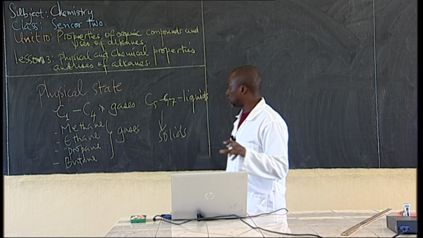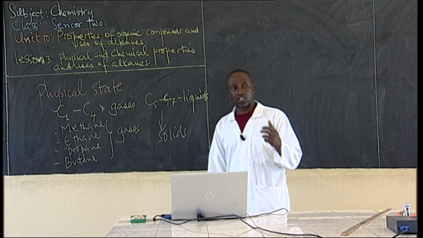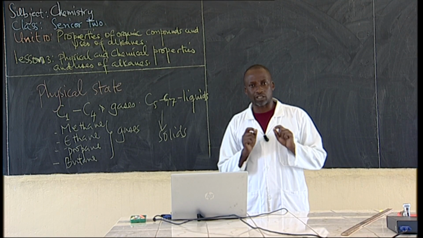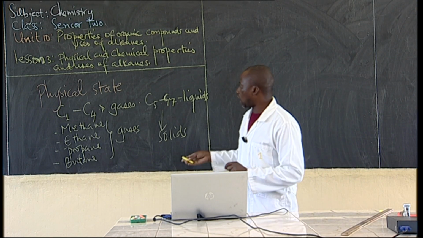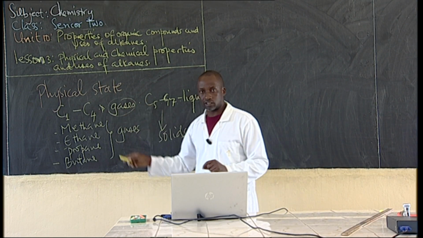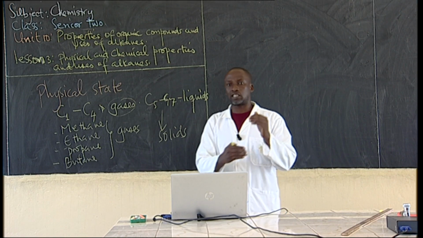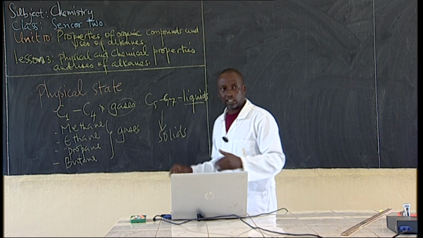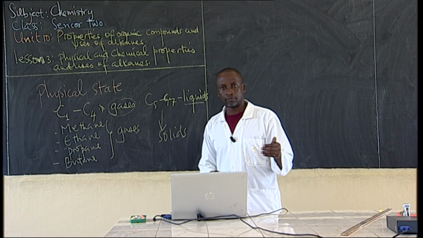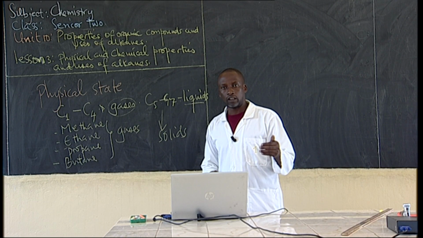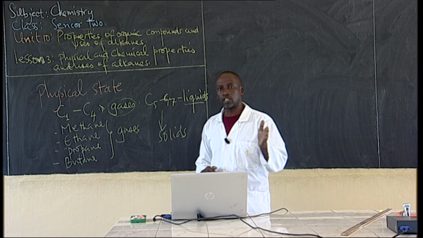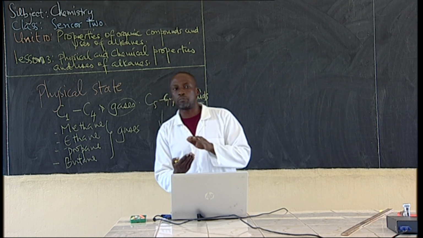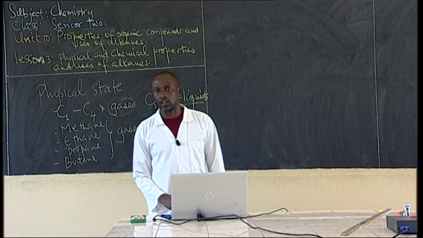So when you analyze this, you'll see that the alkanes with the lowest number of carbon atoms exist as gases. As the number of carbon atoms increases, the state changes. It changes from gases to liquids to solids.